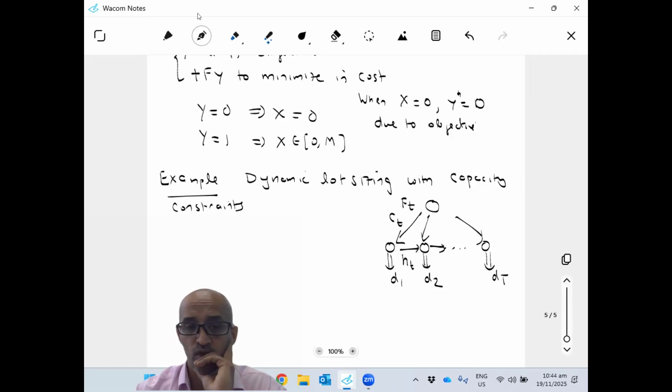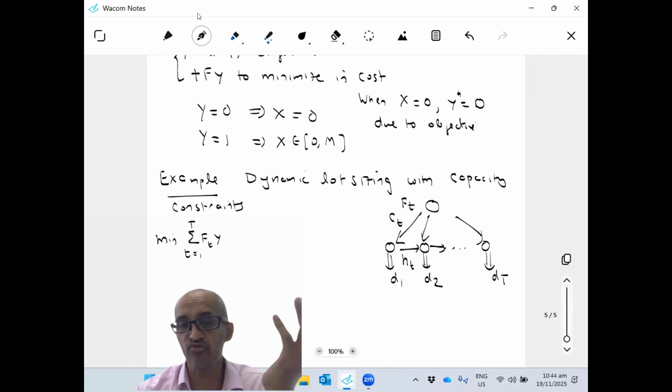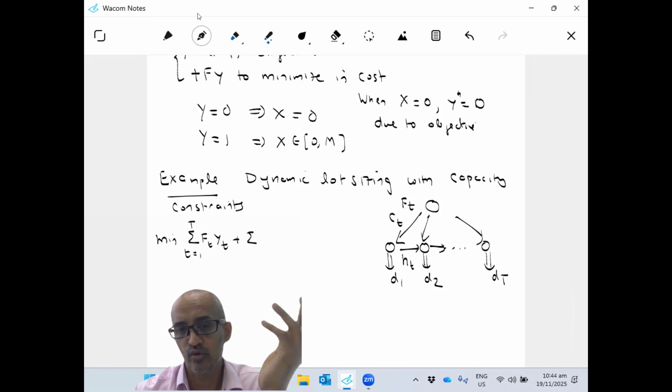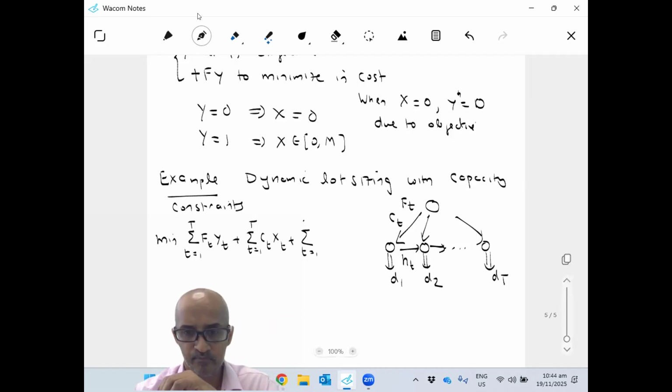Okay, how? You will minimize total production fixed costs, variable production costs, and inventory carrying costs. The indexing here is just so that you don't carry inventory after the last period and so on.